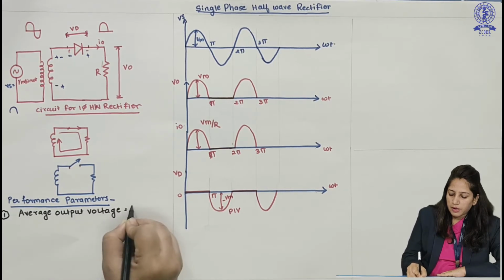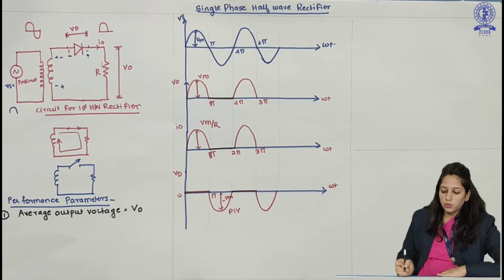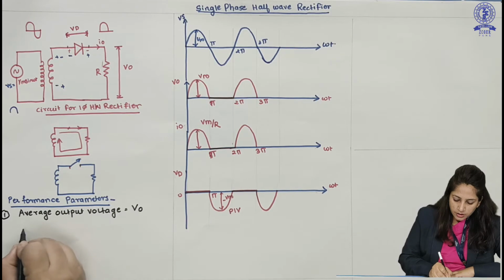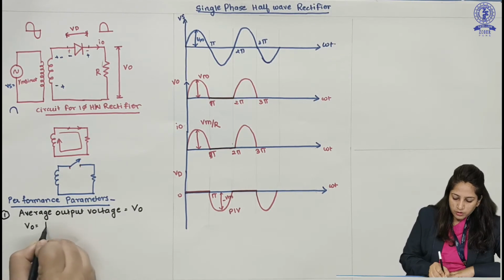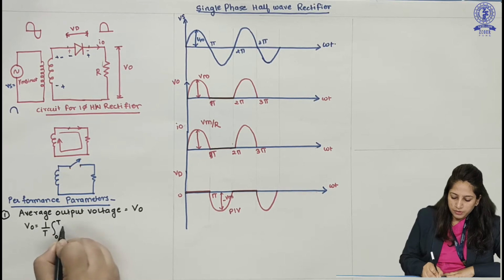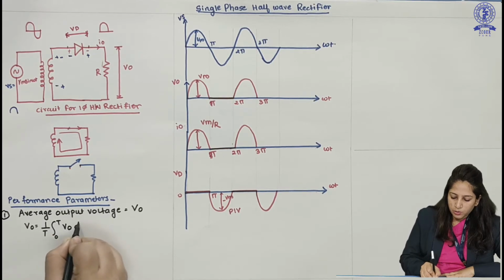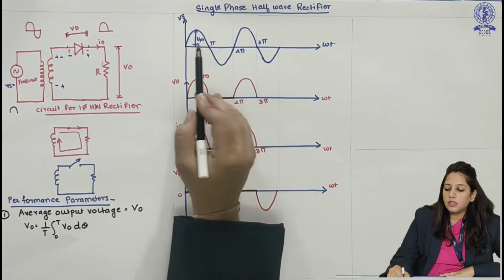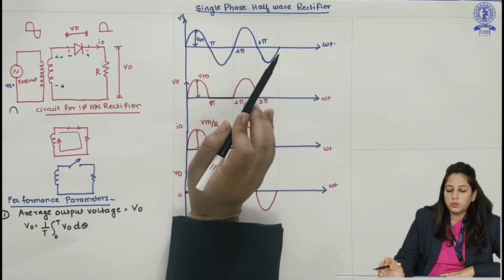This is indicated by V0. The formula for average output voltage is V0 equals 1 upon T, the time period, integration from 0 to T of the output voltage into d theta. We are considering here a time period of 0 to 2 pi.